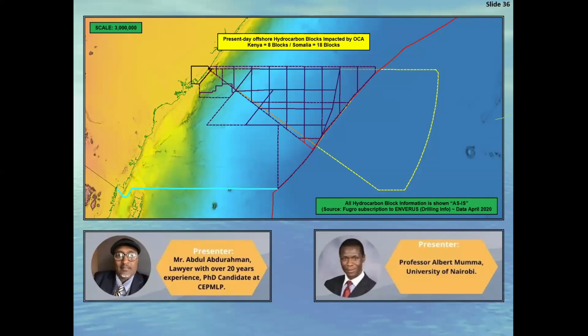I think what is quite clear is that Kenya was obviously taken by surprise when Somalia filed these proceedings at the ICJ. It would appear, of course, that Somalia, on the other hand, had been preparing for these kinds of proceedings for quite a while.